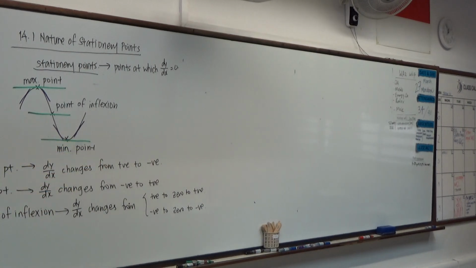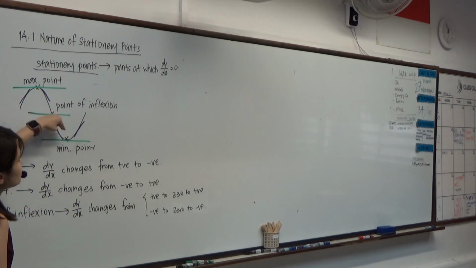What about a point of inflection? A point of inflection is not found in every function, but it is most commonly found in a cubic function. In this cubic curve, it is usually between the maximum and minimum points. At this point of inflection, the gradient doesn't change at all.